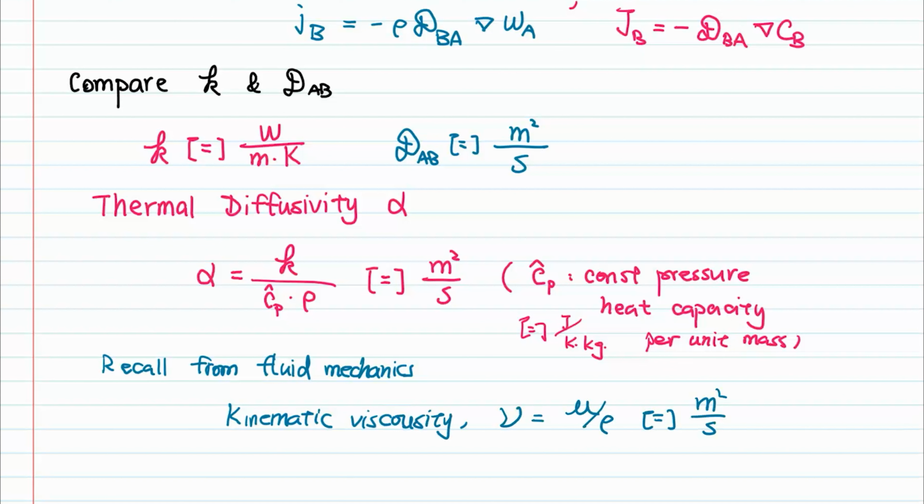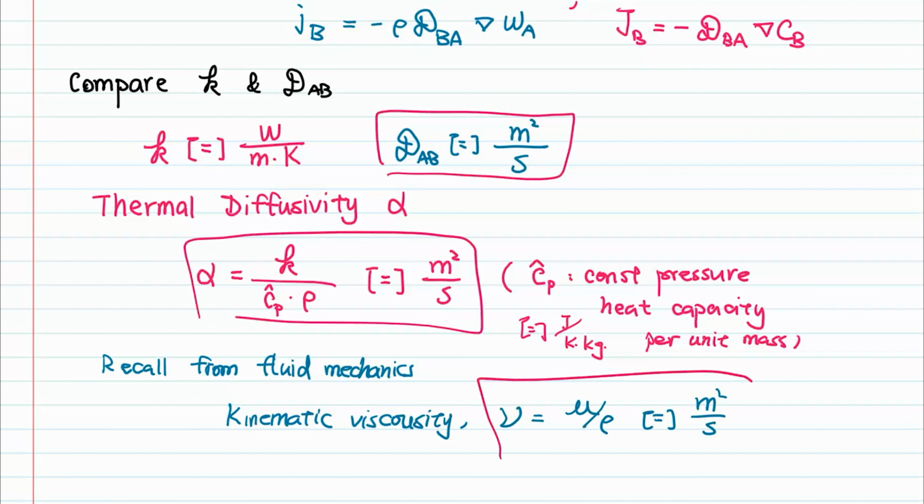So you can see that the diffusivity, the thermal diffusivity, and the kinematic viscosity all share the same units. Okay? And that's important because if they share the same units, that means they can form dimensionless groups. Dimensionless groups are very important in our future discussions when we want to quickly verify the relative contributions between momentum, thermal, and mass transport. And that gives us a very good way of simplifying our system in the future.